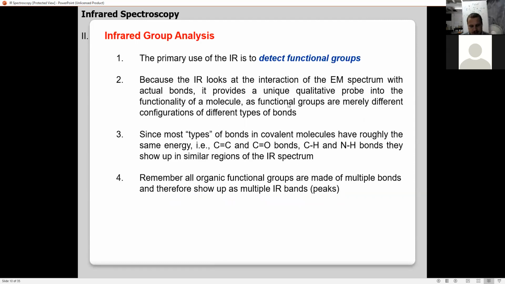So what we're doing here is we're using infrared light to detect functional groups.